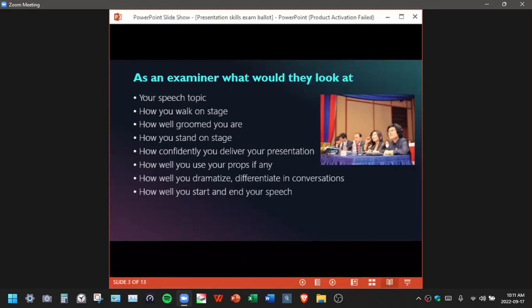So you can have some supporting slides if you want. And they will look at how you dramatize your presentation, and start and end your speech.